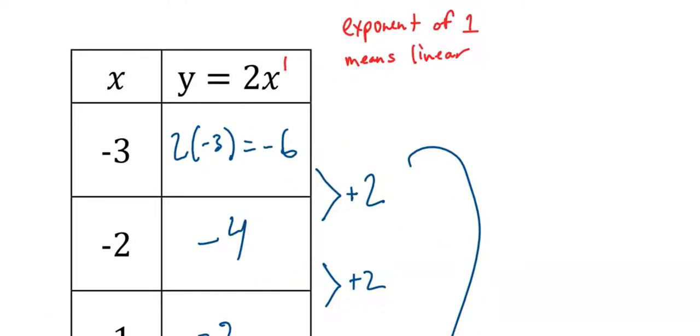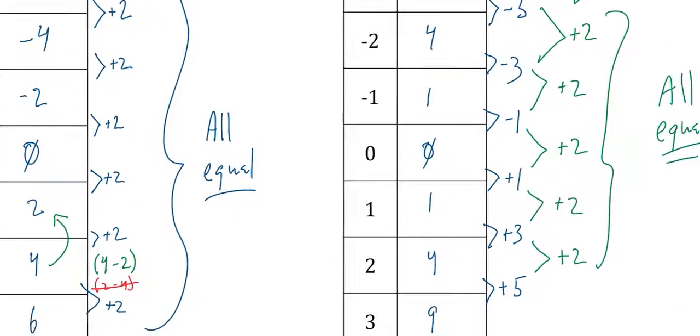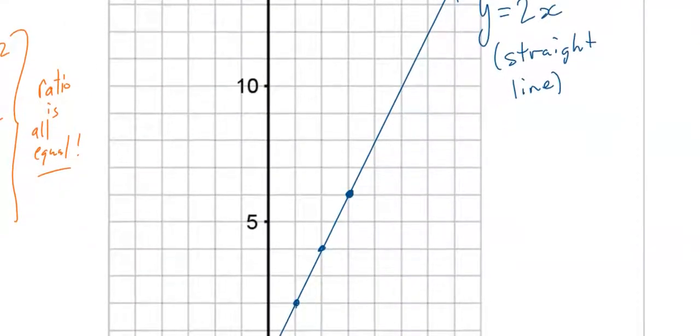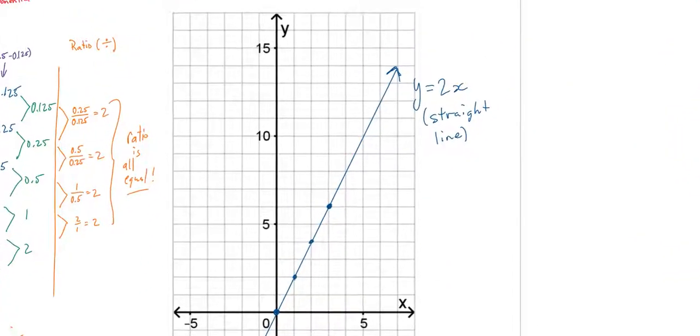Okay. Next one is the quadratic. So it was just y equals x squared. So 1 and -1. 2 squared is 4. -2 squared is 4. 3 squared is 9. 4 squared would be 16, so I can fit another point on here, so I might as well.